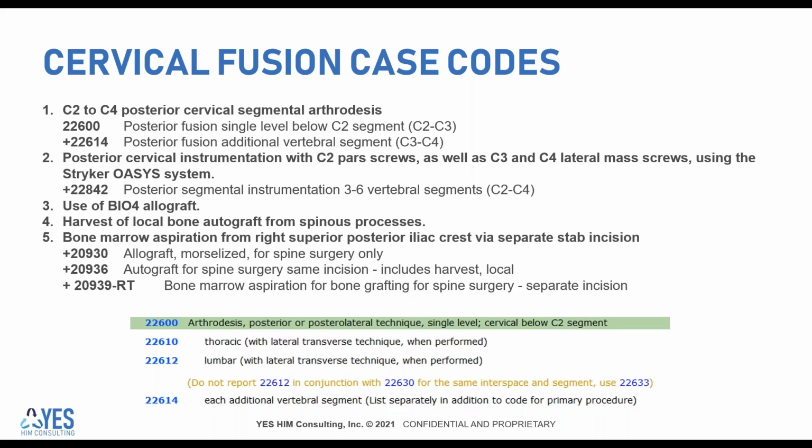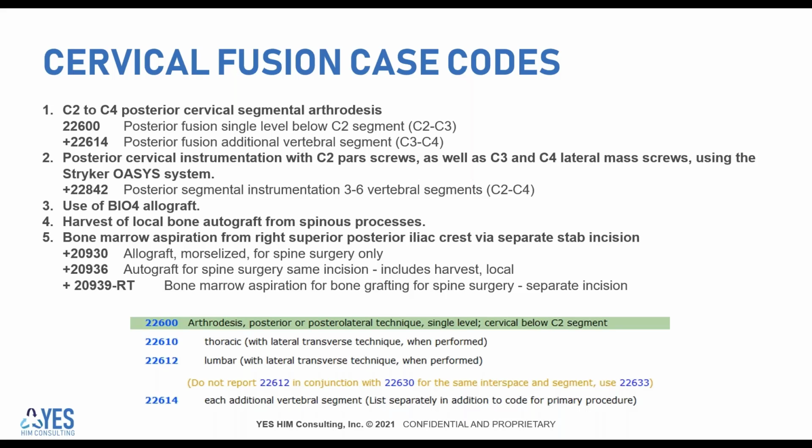So if you put in the search feature for TruCode, arthrodesis, posterior cervical, if that's all you put, it would bring you to this section. And of course, like I mentioned previously, when you are coding spinal procedures, you always want to read the entire description because it can get confusing in the terminology, and they do flip back and forth between the words level and the words interspace and the words segment.